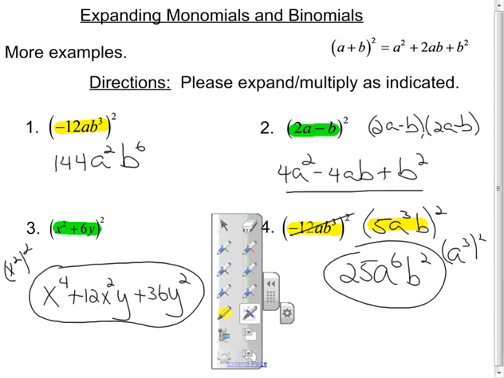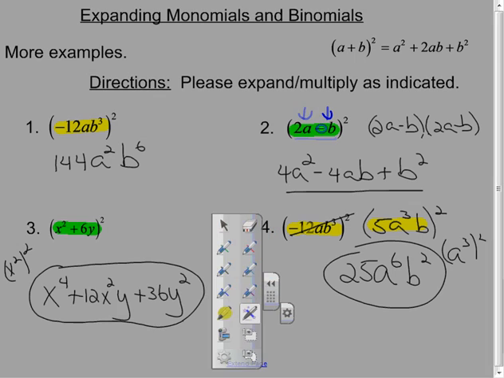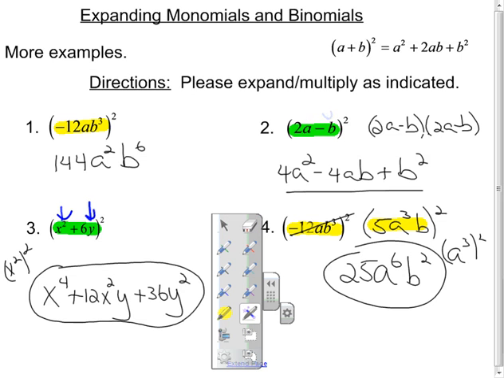But these problems 2 and 3, they're binomials squared. 2 terms separated by a plus or minus sign. Okay? So monomial squared is just use the exponents. Binomial squared is again to square the left term, do 2 times the product of the left and right term, and square the right term.